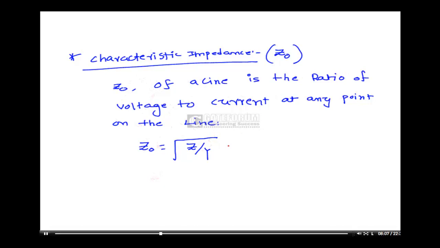We know it very well. Of course, I am not going for the derivations of these things, which will take a lot of time. The thing is, here we have to remember the formulas to solve the problems. So keep in mind these things. So the characteristic impedance, I can write as square root of (R plus j omega L) by (G plus j omega C).